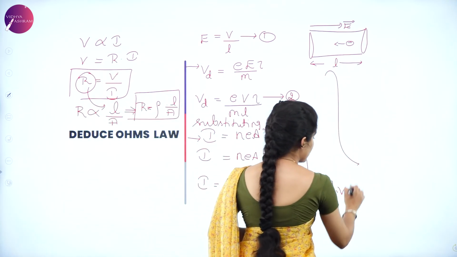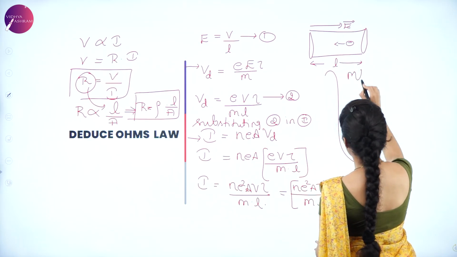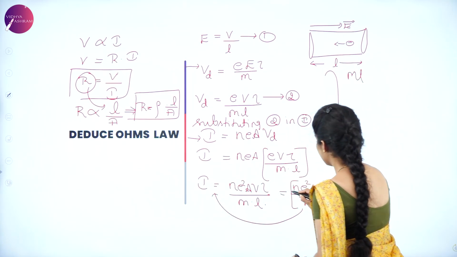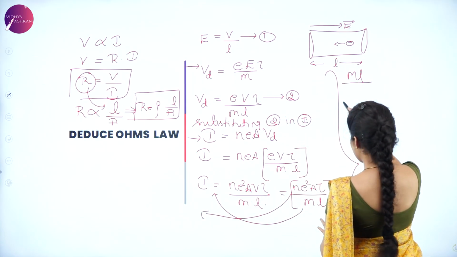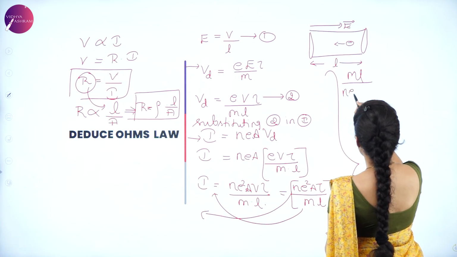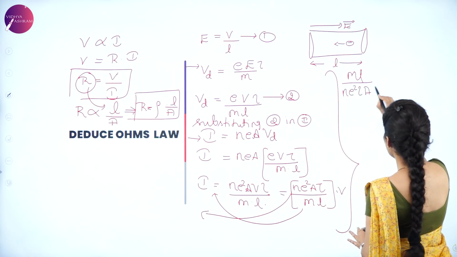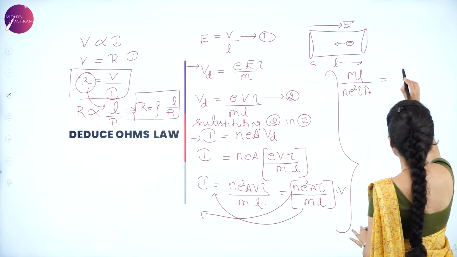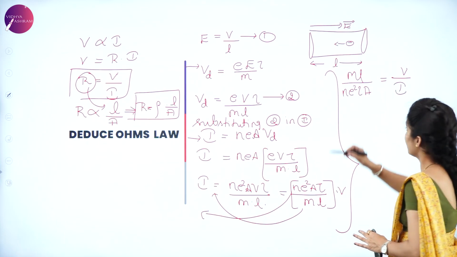So, let me just consider m L goes to the other side, and n e square A tau comes here. So, m L divided by n e square tau into A, which is equal to V stays there and I comes down, so divided by I.